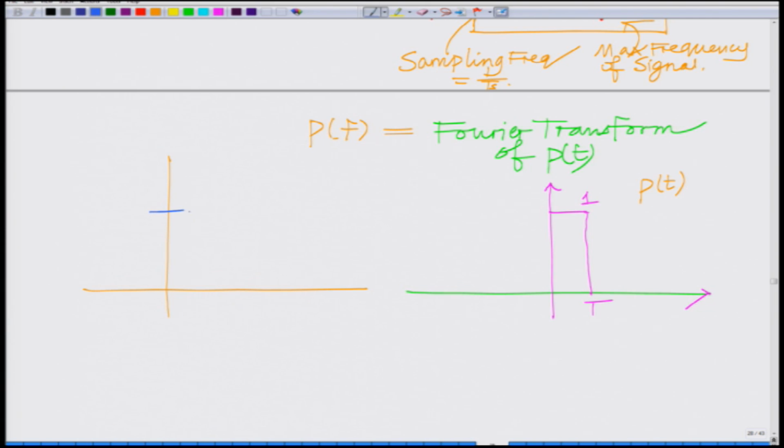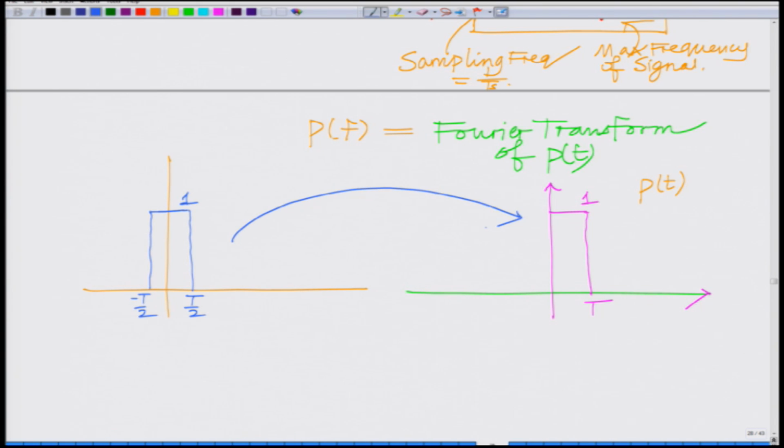of height 1, so this can be obtained from this pulse, which is basically your pulse from minus t by 2 to t by 2 of height 1.